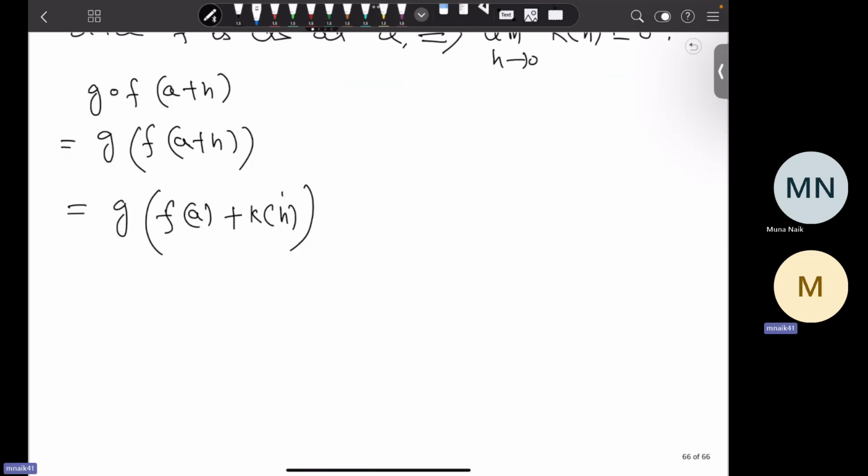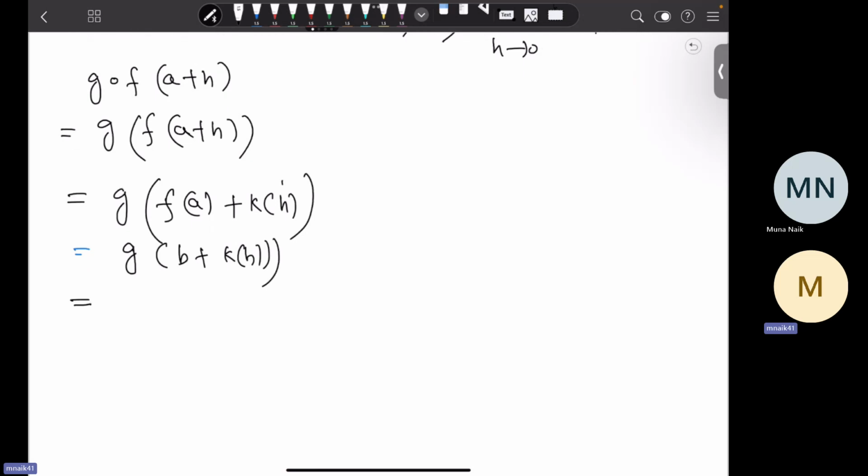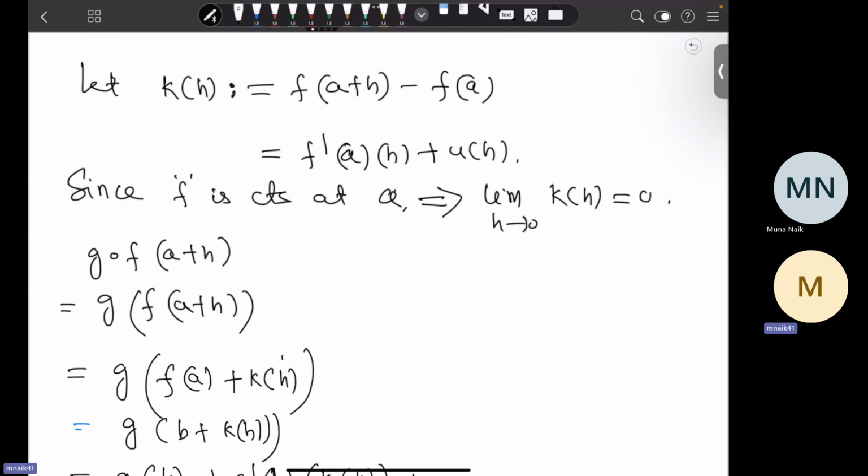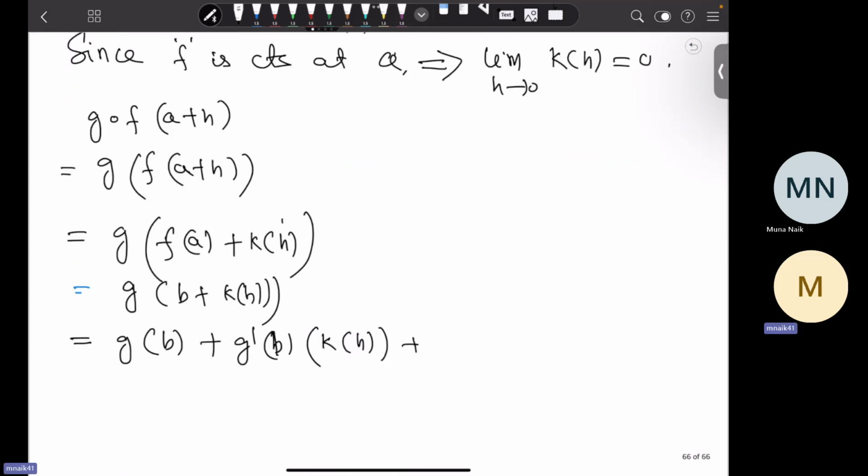So this is really nothing but G of B plus k(h), and G of B plus k(h) is nothing but G(B) plus G'(B) applied on k(h) plus little ψ of k(h).